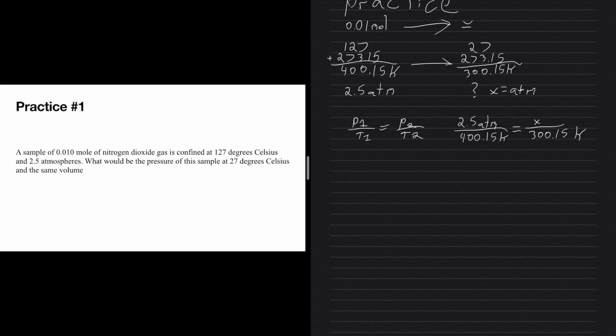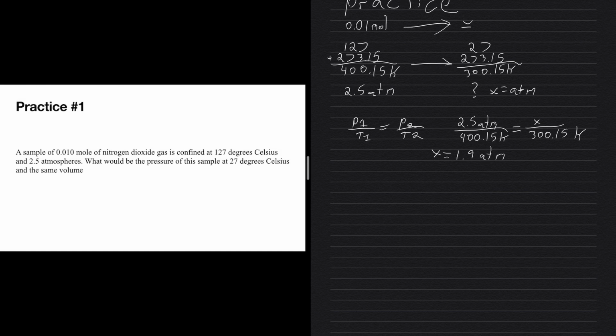You just put that into your calculator, click the solve button, and I'm going to get that x equals 1.875. And the numbers go on. I'm just rounding to 4 significant figures because that's what we have up here. Oh, my bad. We have 2 significant figures. So I'm going to just round that to 1.9 ATM, because we're matching significant figures up here.